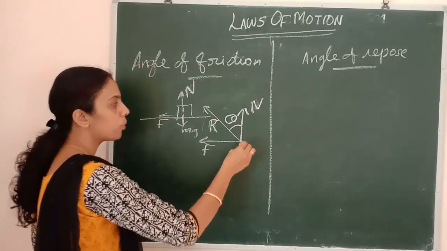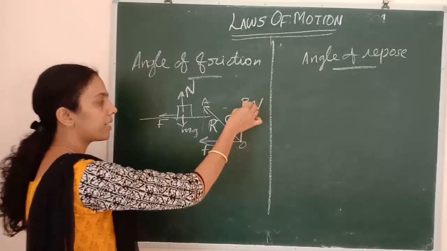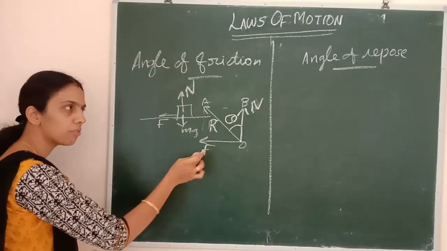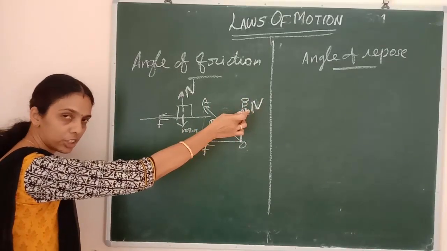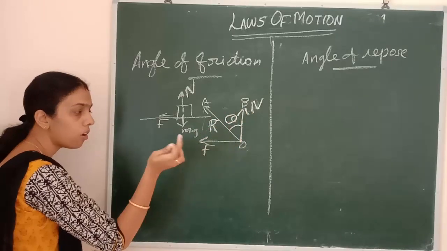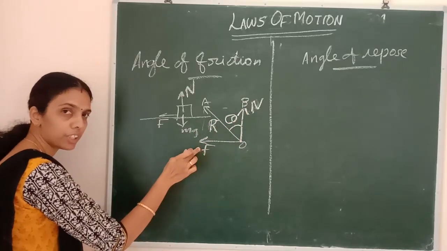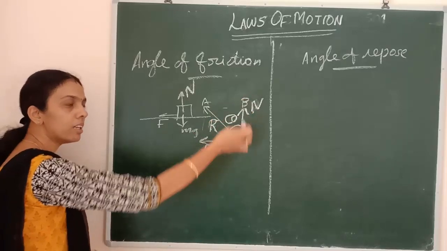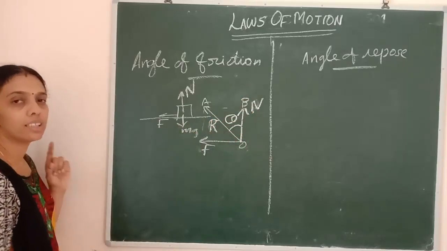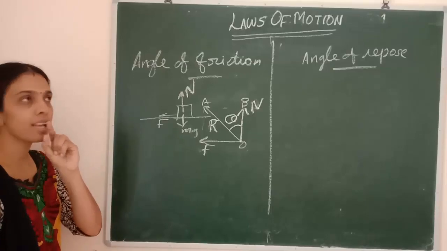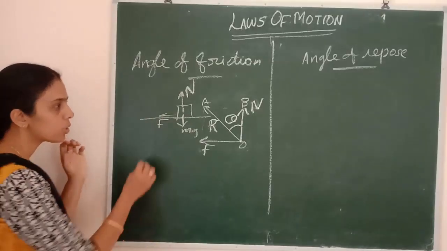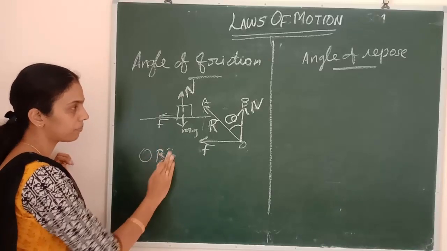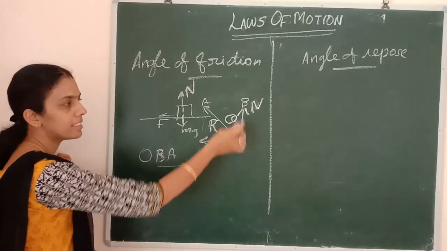So here, considering OAB, the resultant of the limiting friction and the normal reaction makes an angle with the reactional force. That angle is known as the angle of friction. I am considering the triangle OAB, OBA is a right angle triangle.